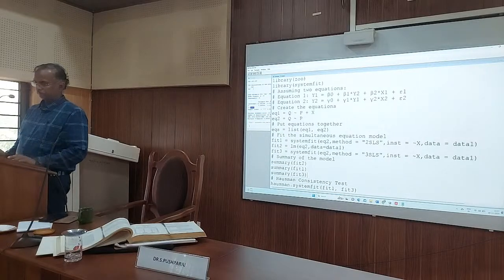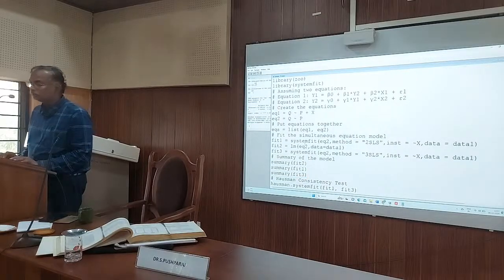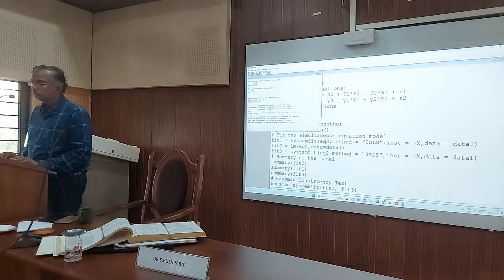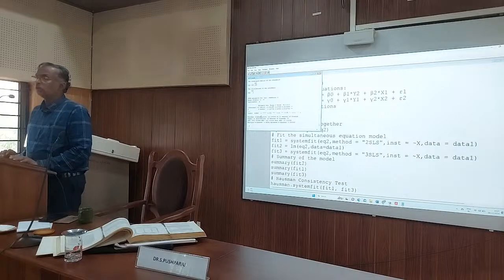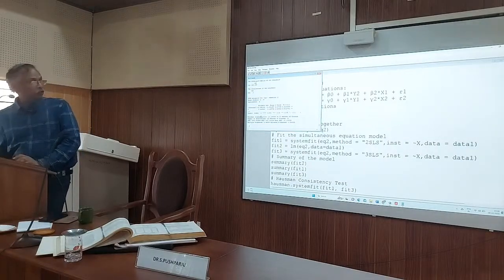Fit 3. We can run it. It looks very similar to 2SLS.